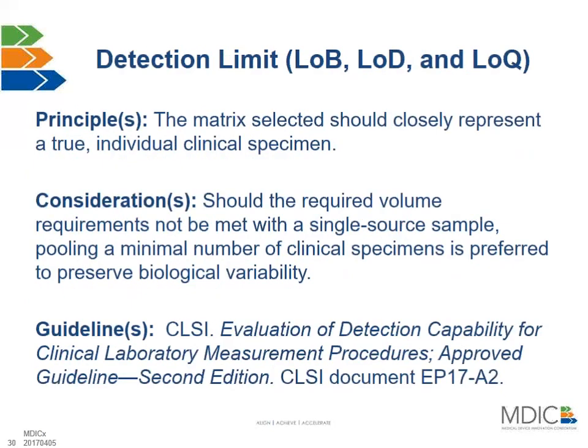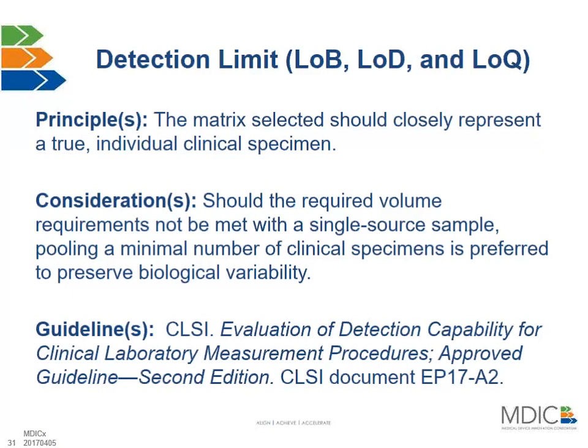For detection capability studies, the slide demonstrates a key factor for consideration is the sample matrix itself. And this is in addition to the study factor of preserving biological variability. Incorporation of use of the hierarchy and why one may need to move from the first main category on the chart, supplemented, to the second main category, pooled, is explained here.